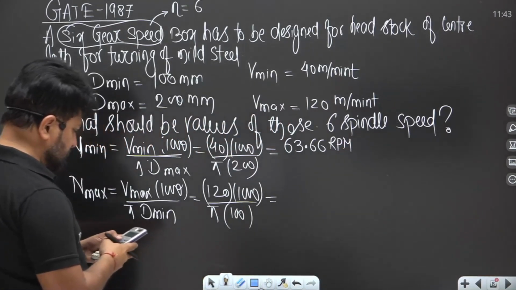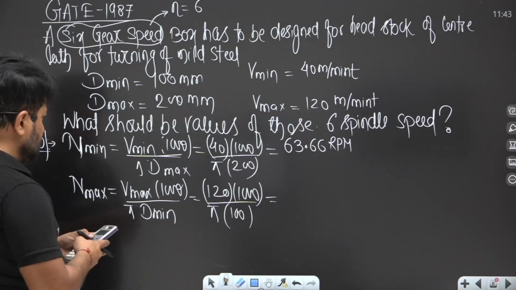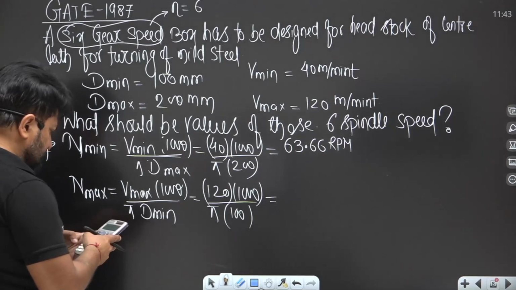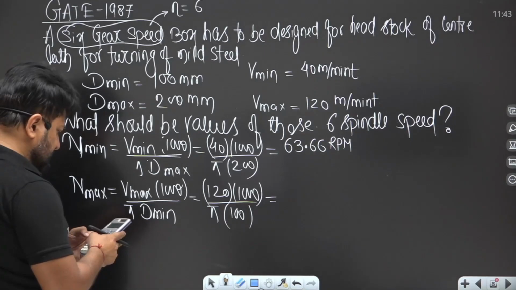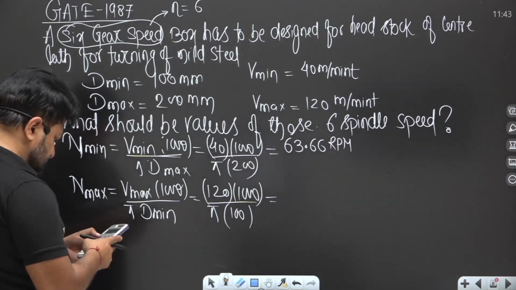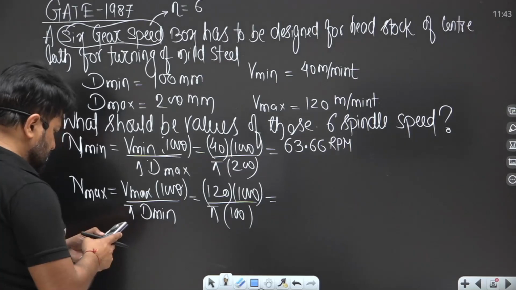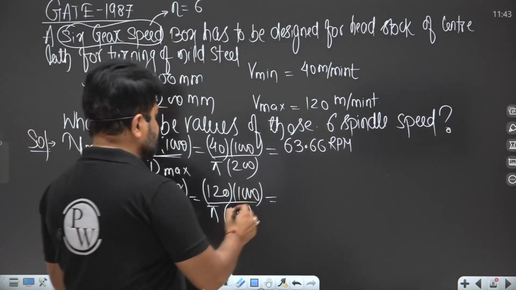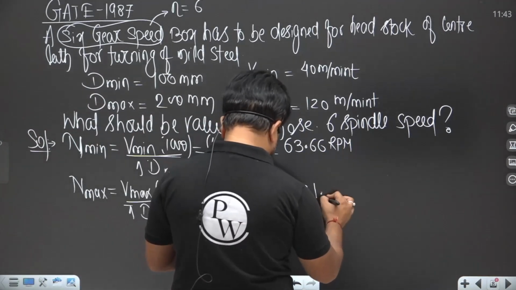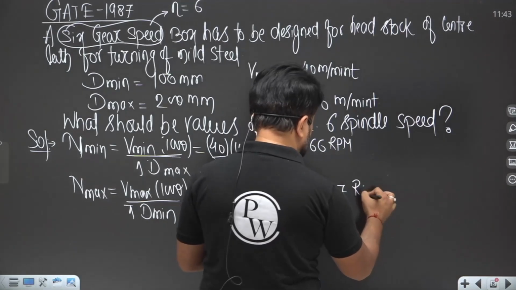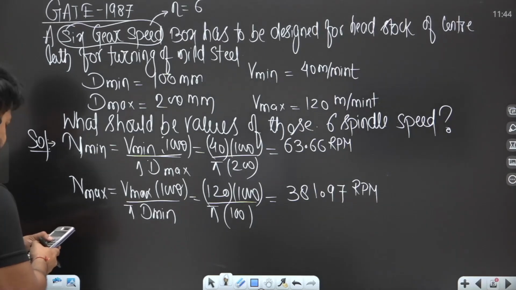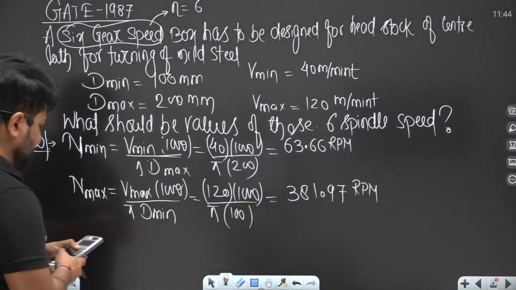And 120 into 1000 divided by pi into 100 comes to 381.97 revolutions per minute. So now you have the maximum and minimum RPM.